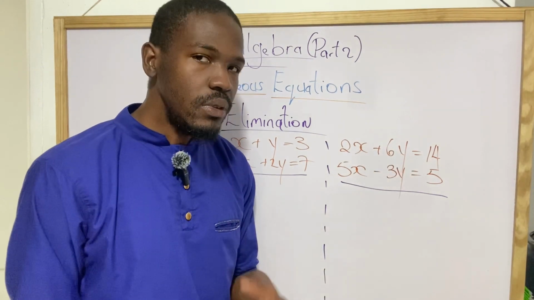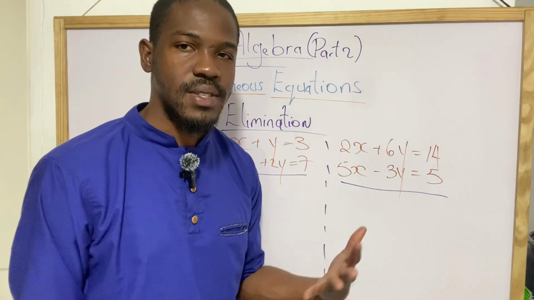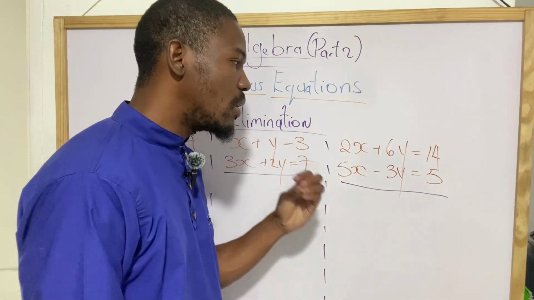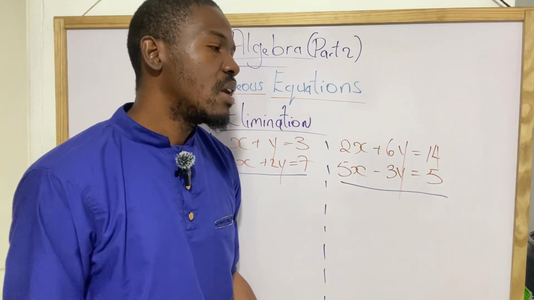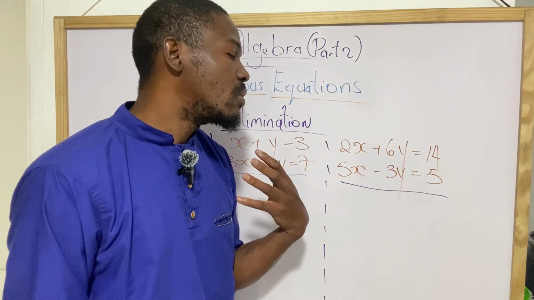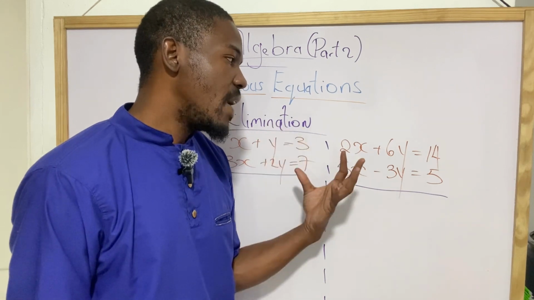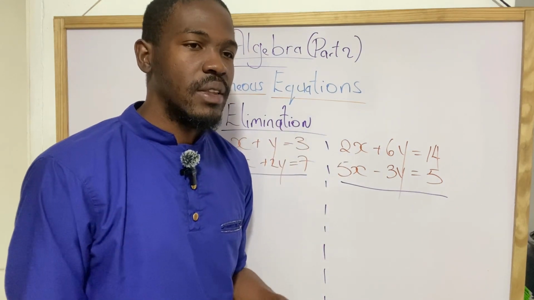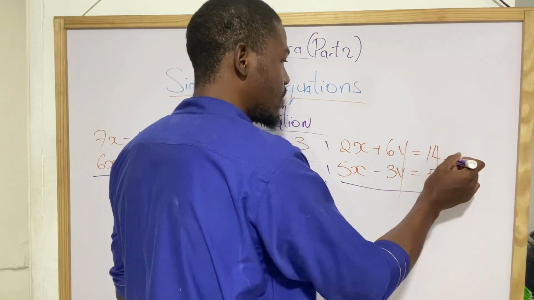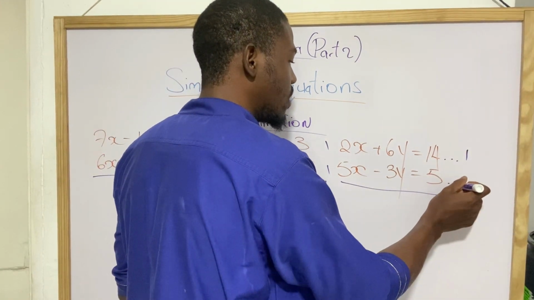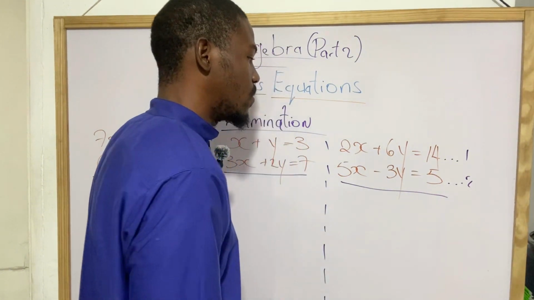Now, to get these two values to be the same, we can either multiply one of the equations or both of the equations, or we could also divide one of the equations to achieve that goal. So let us label this equation as equation 1 and this equation as equation 2.